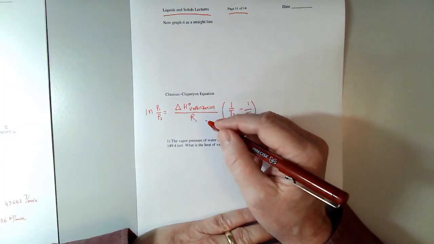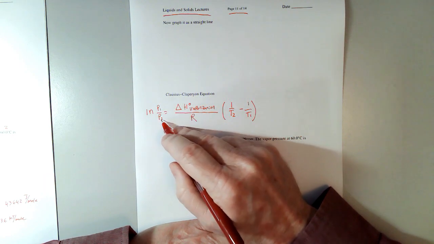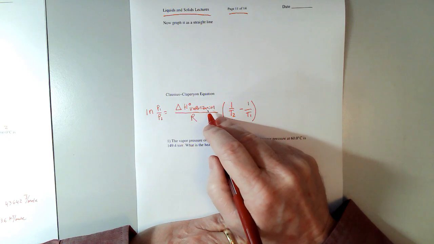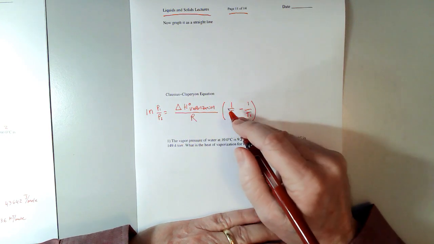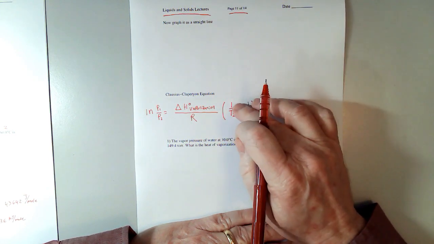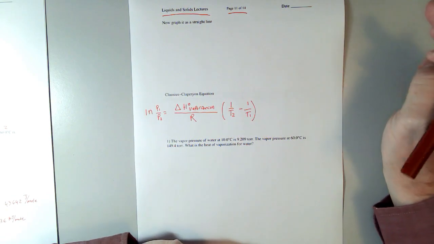The Clausius-Clapeyron equation is that the natural logarithm of P1 over P2 will be equal to the enthalpy of vaporization divided by R times the entire thing 1 over T2 minus 1 over T1, where these temperatures are in Kelvin.